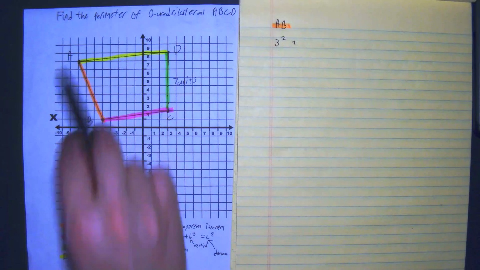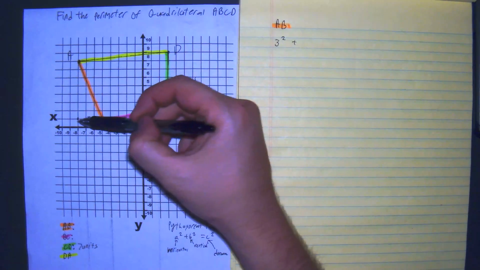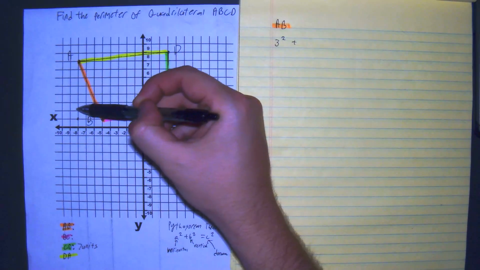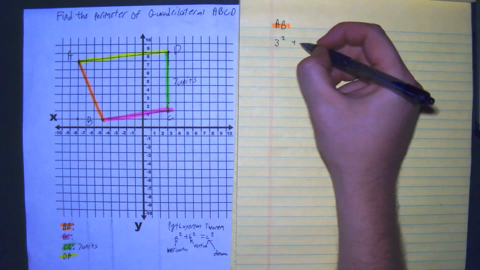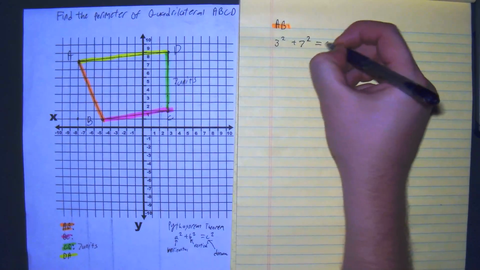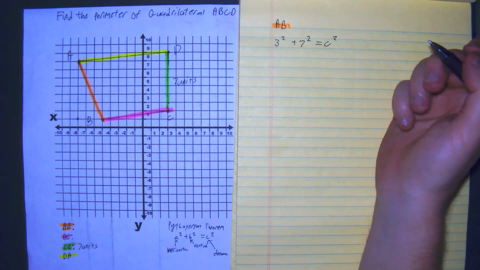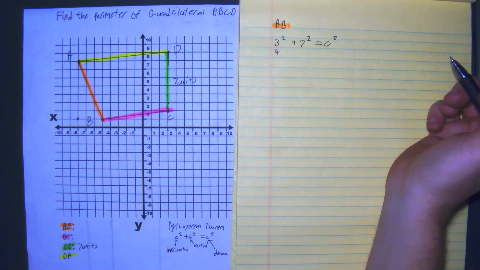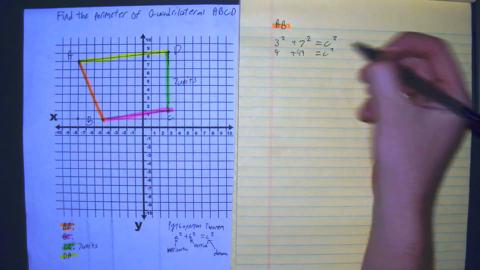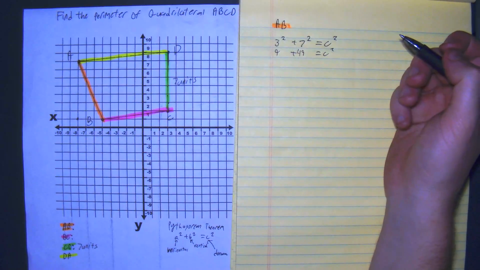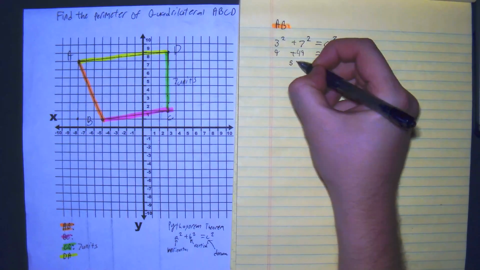We have to count all the way up to A. 0, 1, 2, 3, 4, 5, 6, 7. That's going to be 7 squared, which is equal to C squared. 3 times 3, 9. 7 times 7, 49. 49 plus 9 is going to be 58, equals C squared.